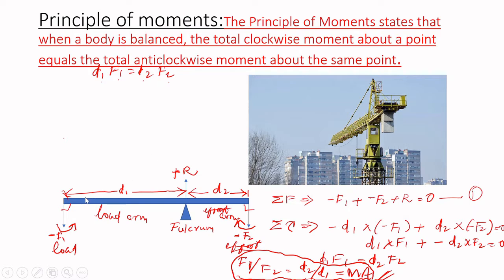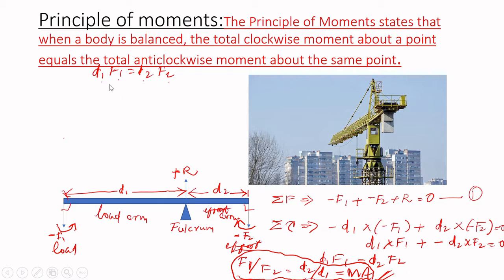In the case of this lever, for example, here we have a fulcrum, that is the joining point of this lever, which is at a distance d1 from the first mass and d2 from the second mass.